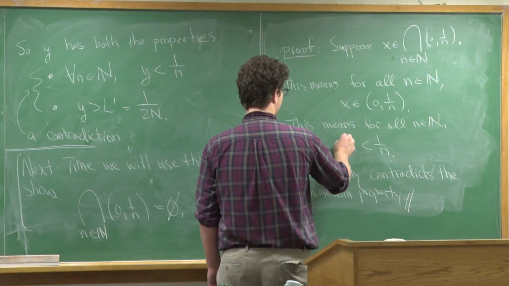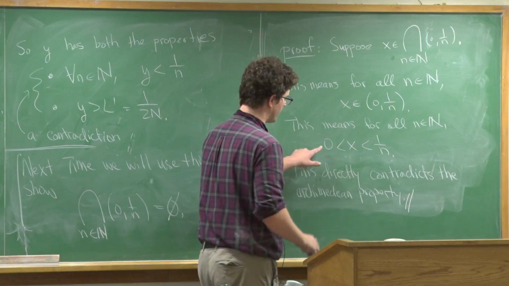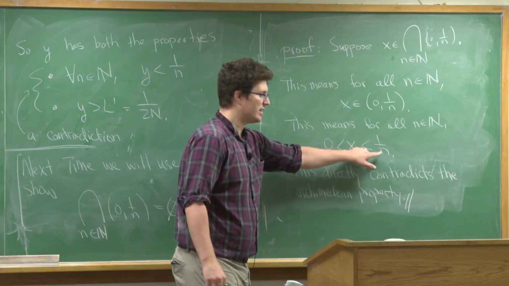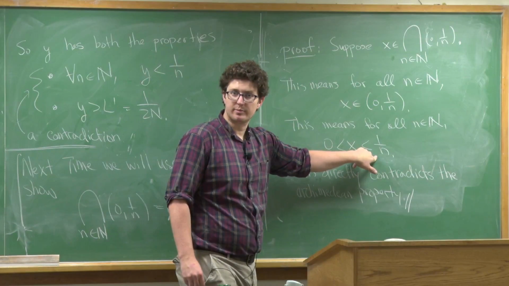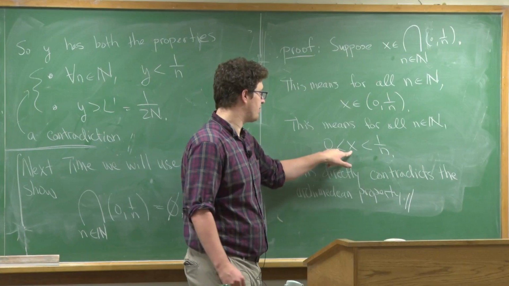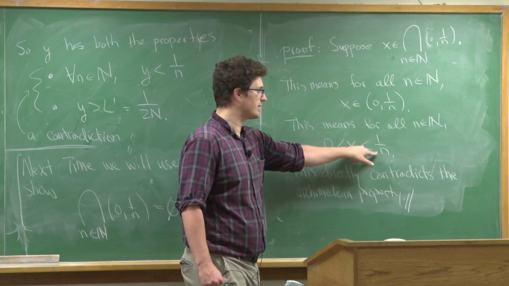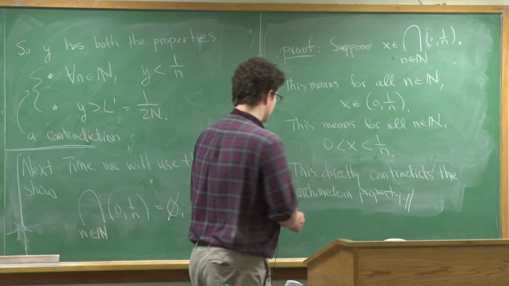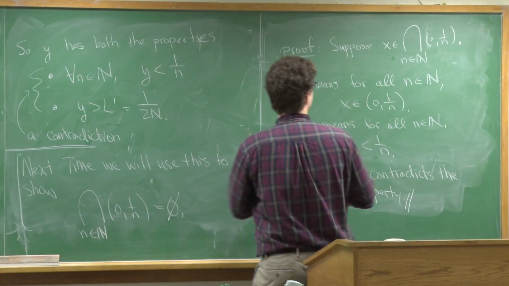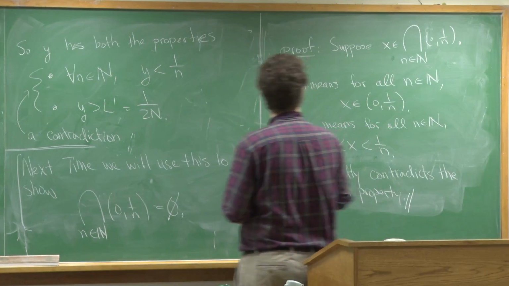So we have a positive number, and it's less than 1 over n for all n, and that's just false, because we proved that for every positive number, there exists a 1 over n that gets you smaller. So this shows that this statement here is false.